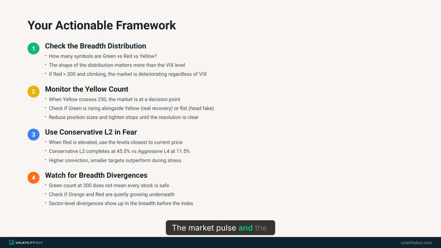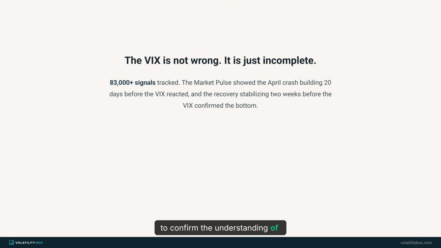The market pulse, and the market pulse breadth rather, gives you much better clues of how to make sense of what's happening in the market, gives you better clues of being prepared for what's to come in the market, and you might use the VIX to confirm the understanding of what you've assumed to be building up.